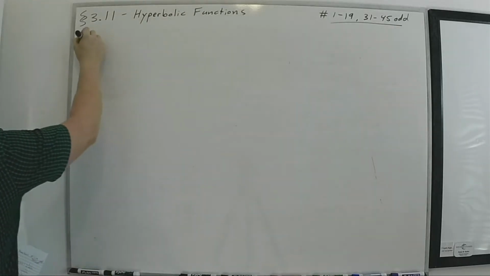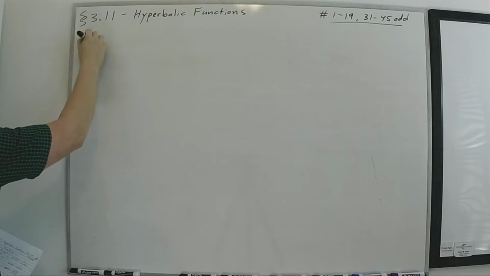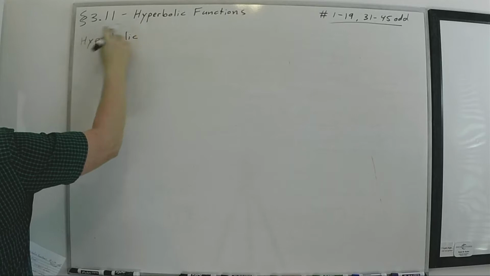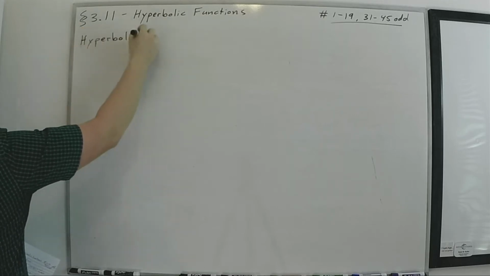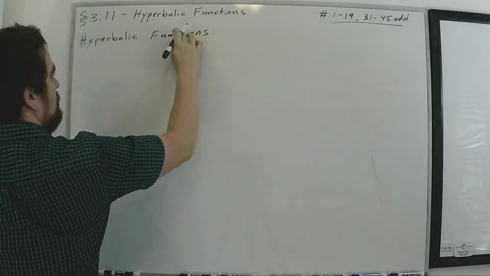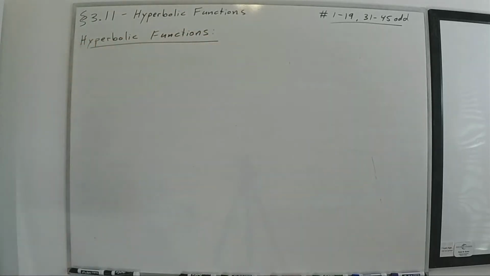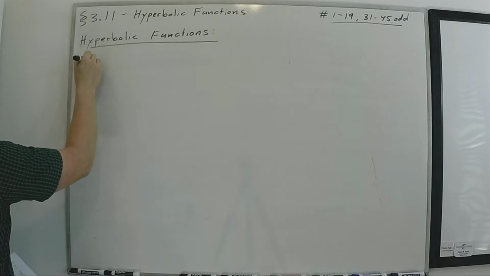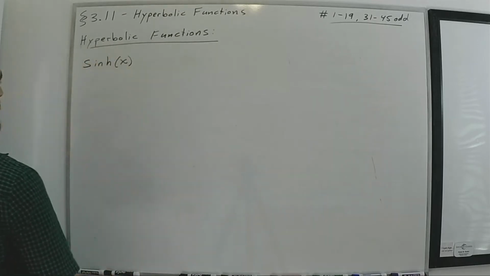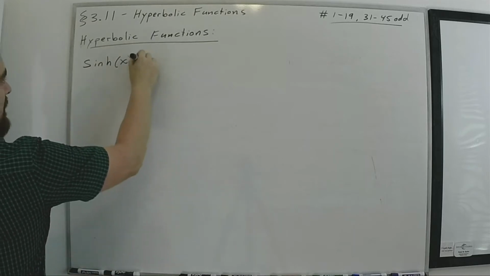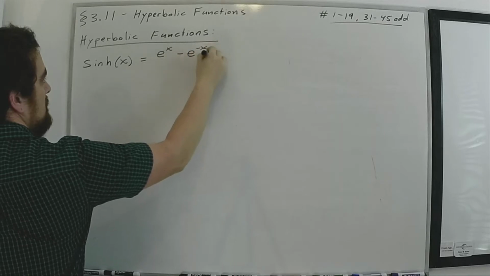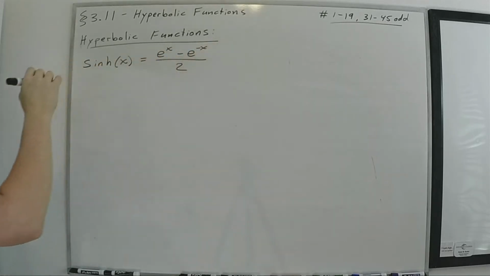A lot of writing. We're going to first define the hyperbolic functions, starting with sine hyperbolic. And this is how we write it out. Sine hyperbolic of x is defined to be e to the x minus e to the negative x over 2.